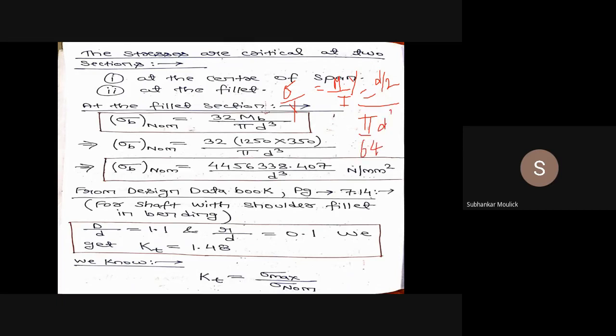If you solve this expression, finally you will get sigma bending is 32 M by pi d cube.